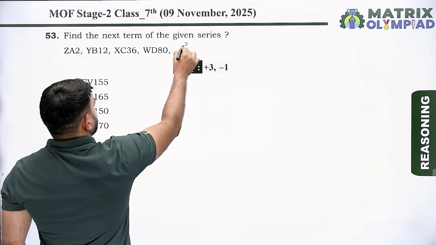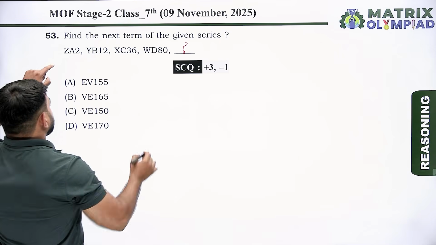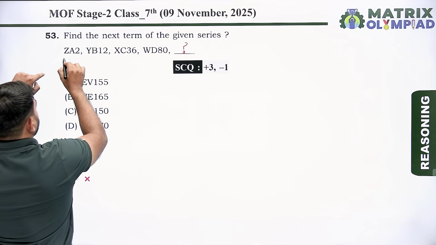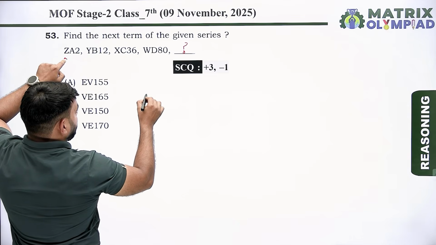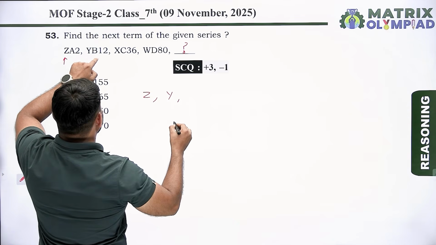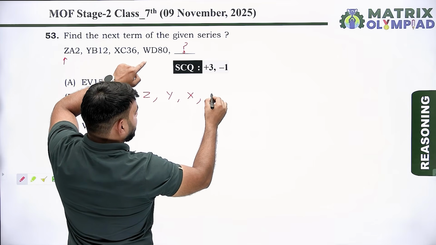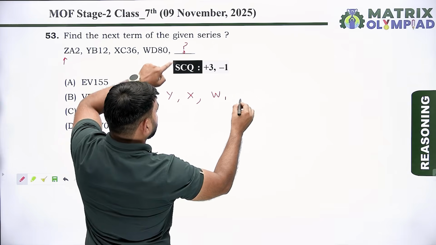Find the missing term of given alphanumeric series. So taking first alphabet of each term. So first alphabet of first term is Z, first alphabet of second term is Y, first alphabet of third term is X, first alphabet of fourth term is W, after W next is missing.